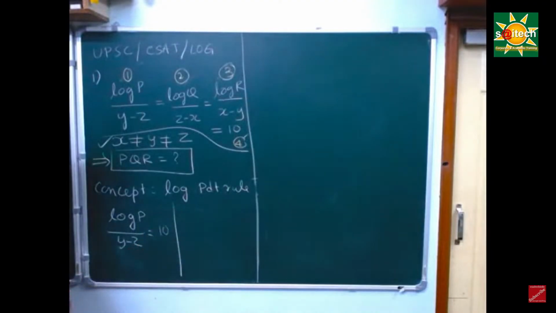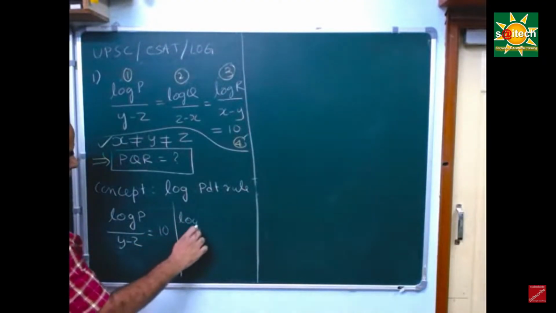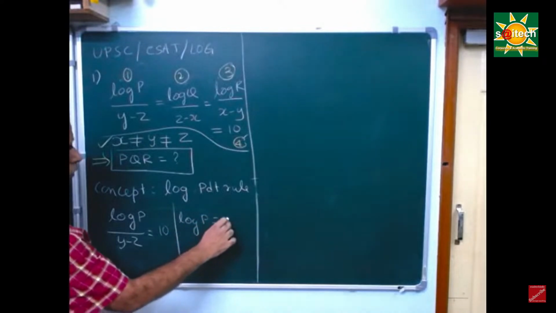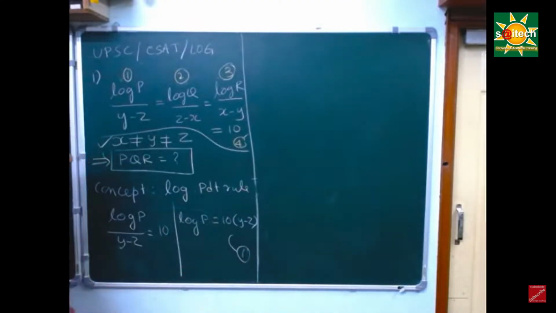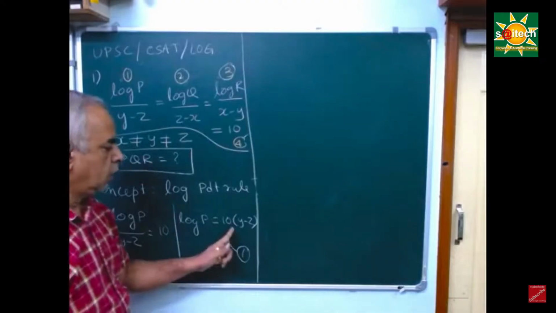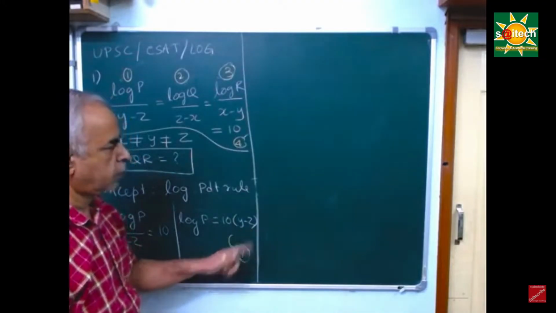And this can be rewritten as log P is equal to 10 into Y minus Z. So let us put this as equation 1. So when you multiply these 2 terms, you have to be very careful about the parentheses, the brackets.